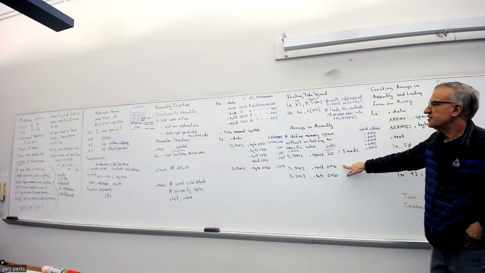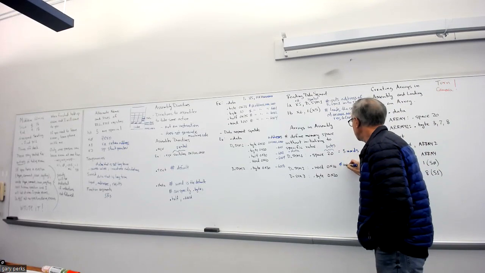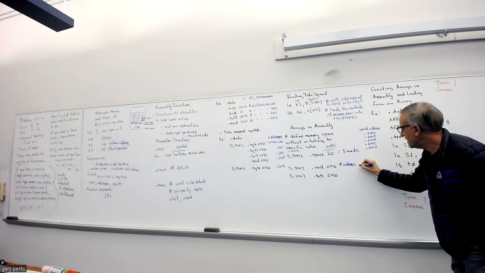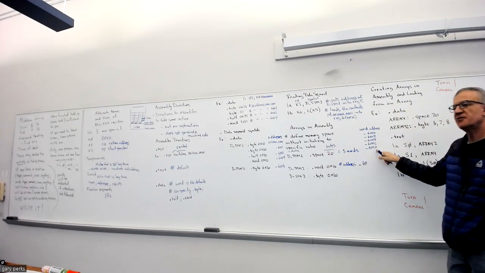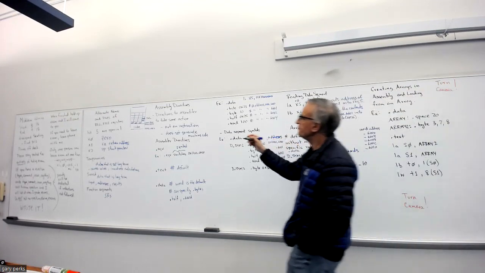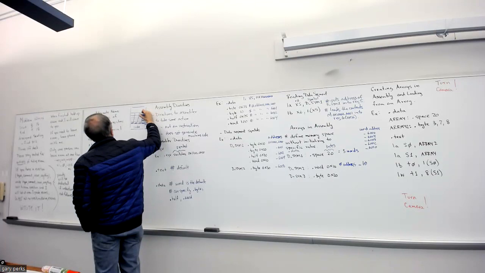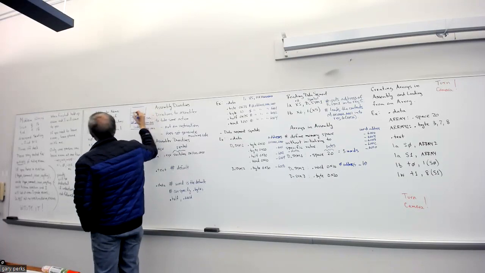So what address would this be at? 6,000 is here, 6,004, 6,008, 6,00C, 6,010, and 6,011 would be here.